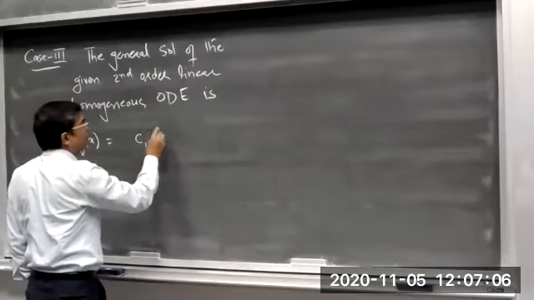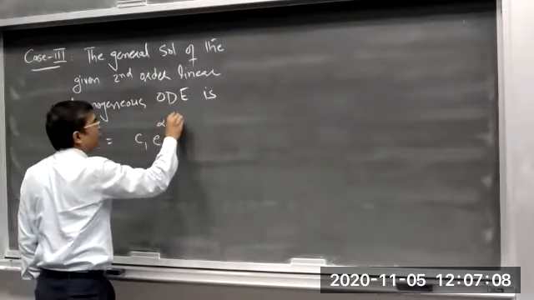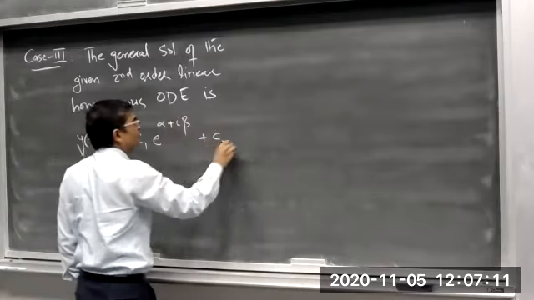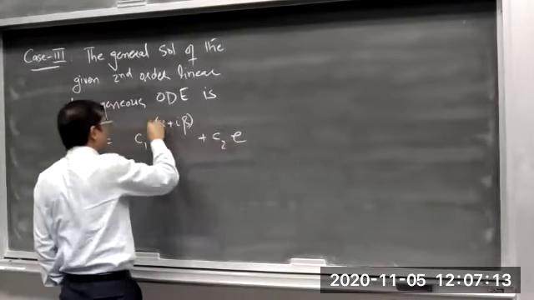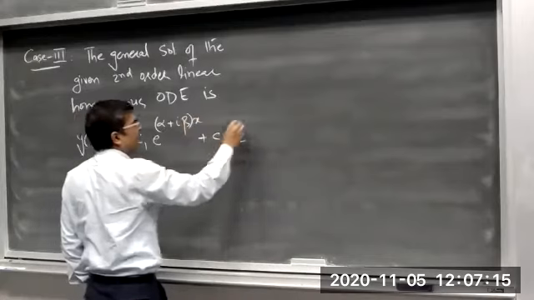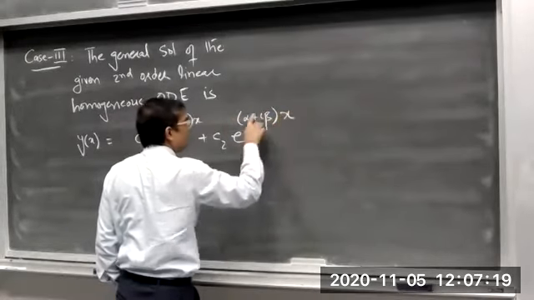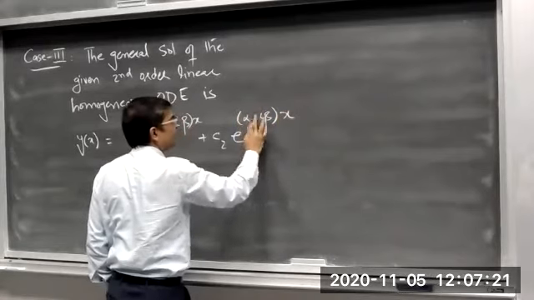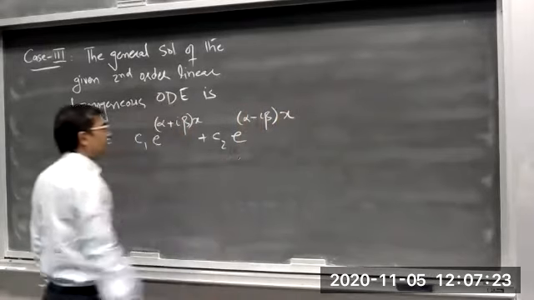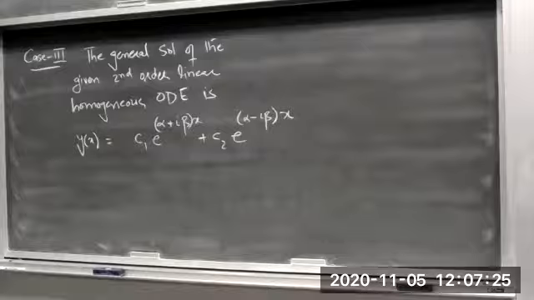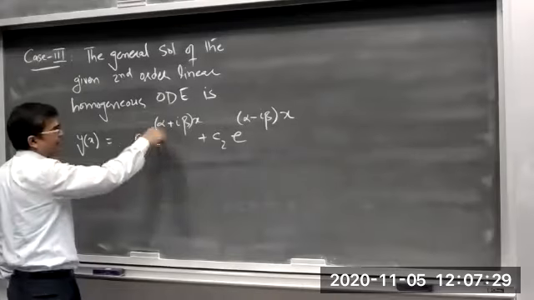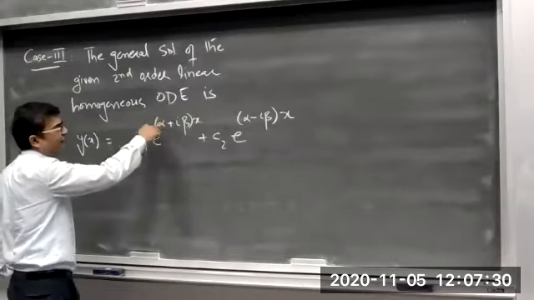C1 e raised power (alpha plus iota beta) times x plus C2 e raised power (alpha minus iota beta) times x. Now, from this solution, you can see that e raised power alpha x is common in both terms.